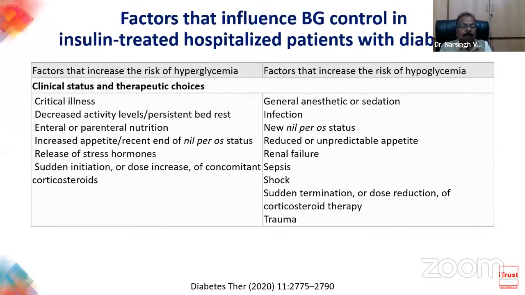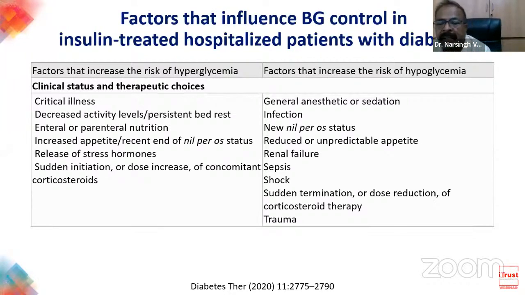These patients require more, as do release of stress hormones, and sudden initiation or dose increase of concomitant corticosteroids. This is a very common situation, like patients with COVID and other similar patients who require doses of corticosteroids, and here the insulin requirement will definitely vary.